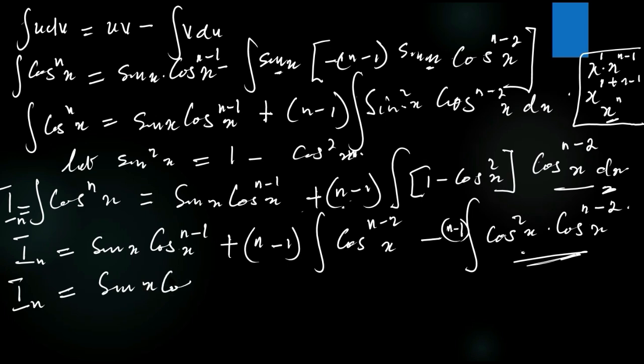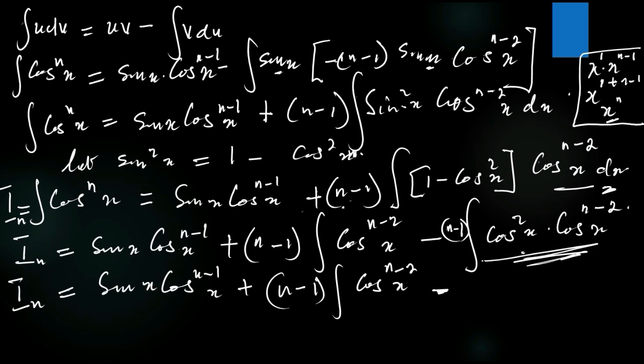so that my I_n can easily be written as the sine of x, the cos of n minus 1, plus n minus 1 now, integral of cos x, here is n minus 2, minus, now this automatically becomes cos raised to power n because this is 2 like I explained initially, and this is minus 2.